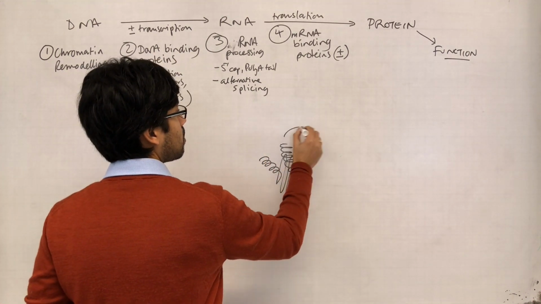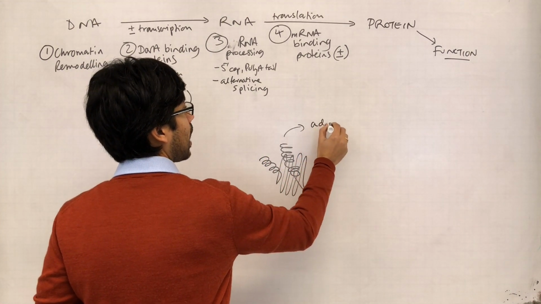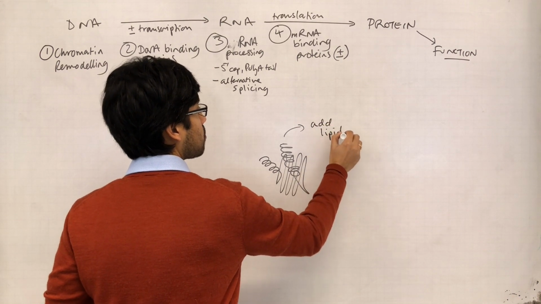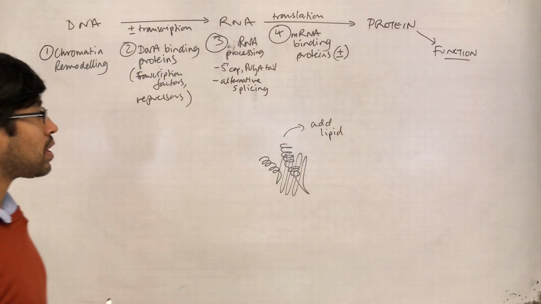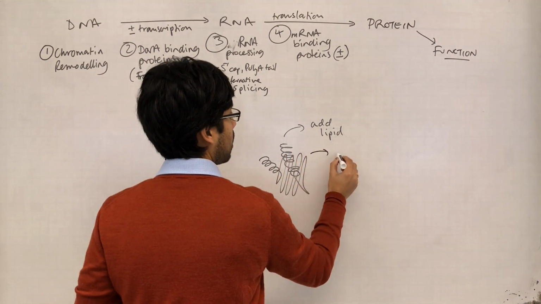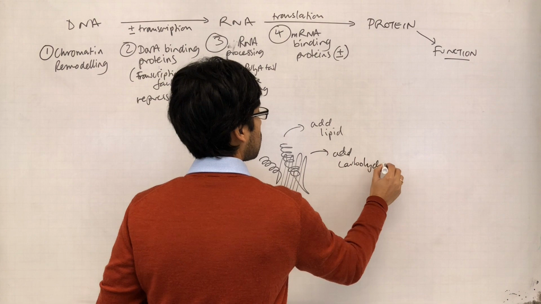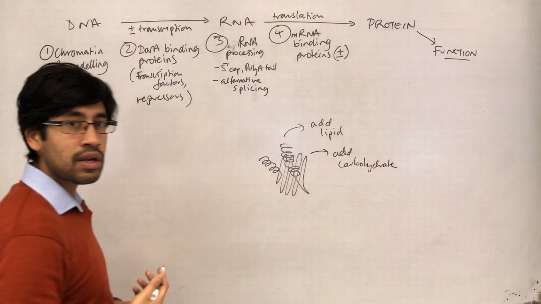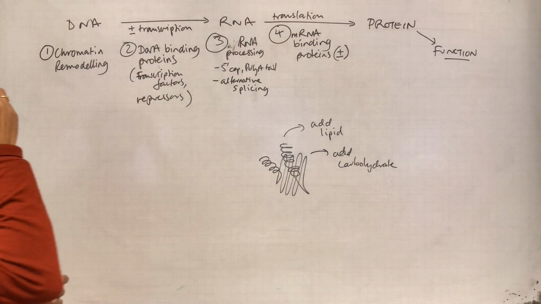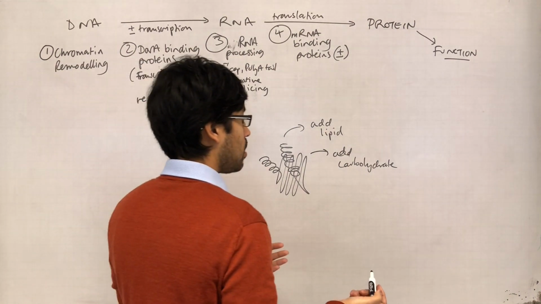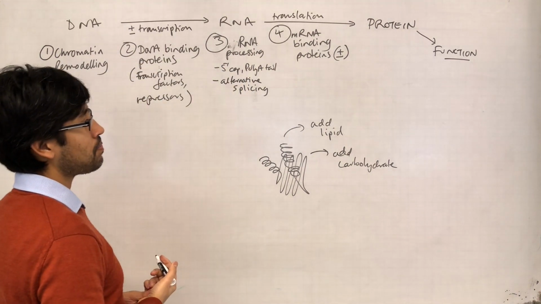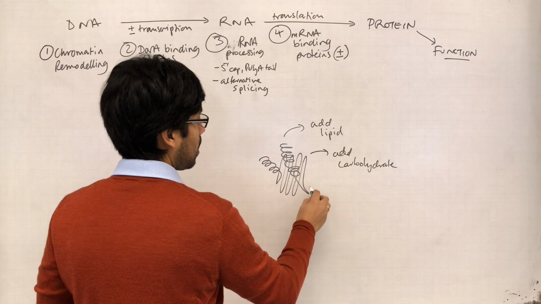So one of the things that you can do is add lipid to that, modifying the function of the protein by adding lipid. You could add carbohydrate to the protein, as we've seen with many membrane proteins have carbohydrate attached in the Golgi apparatus. So you can do that.